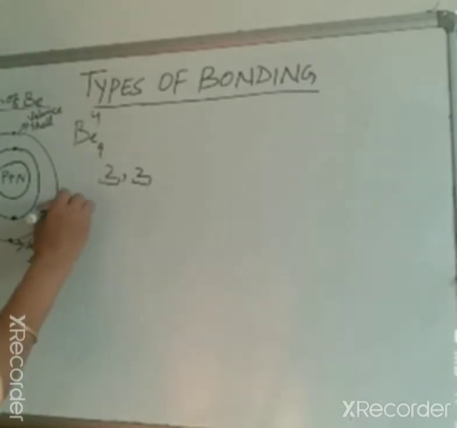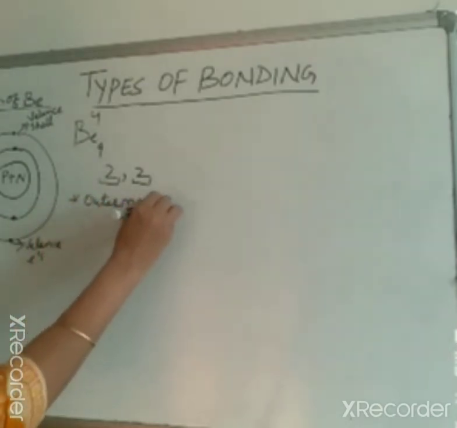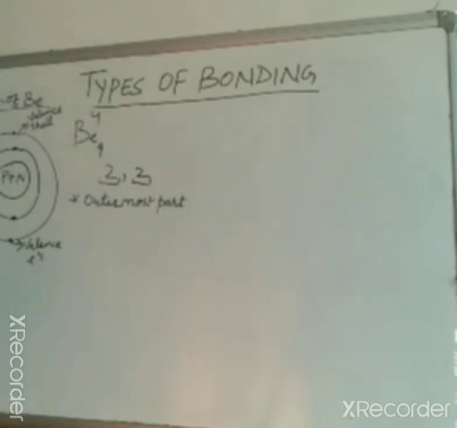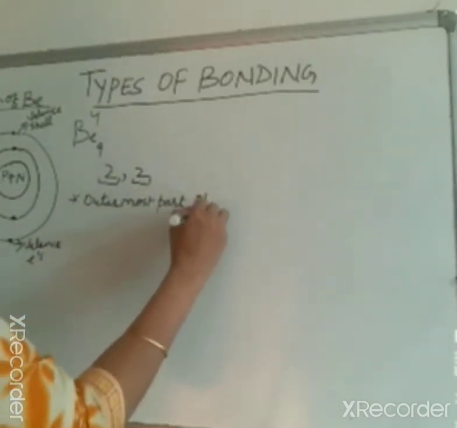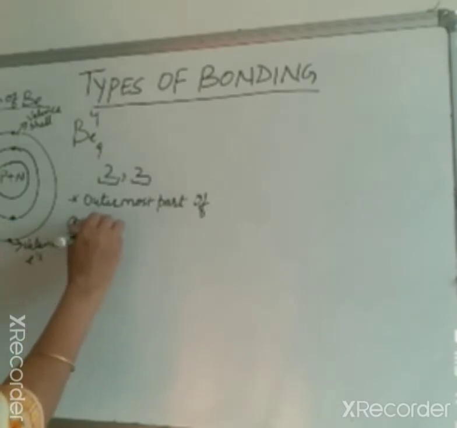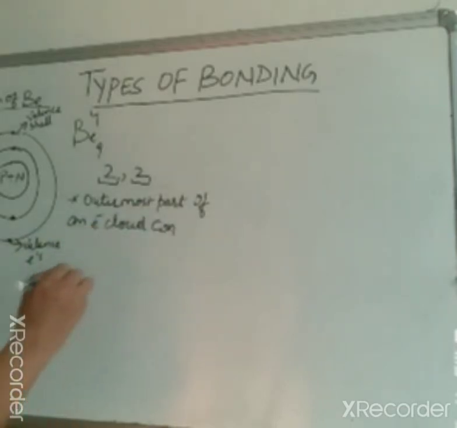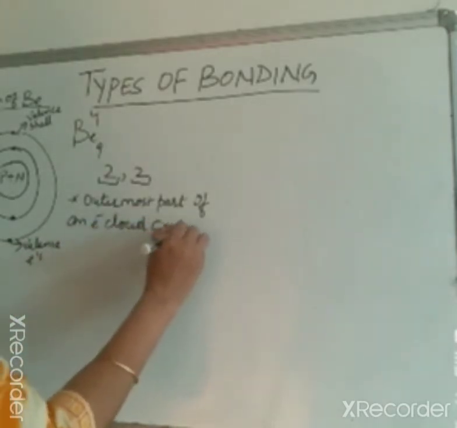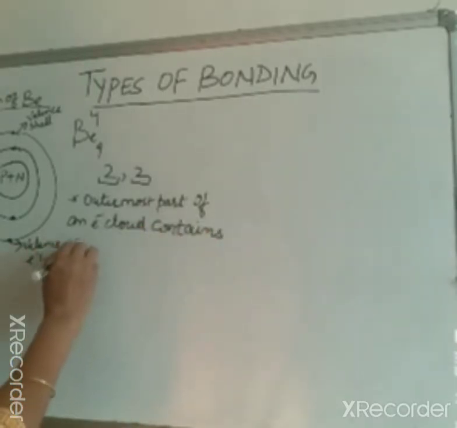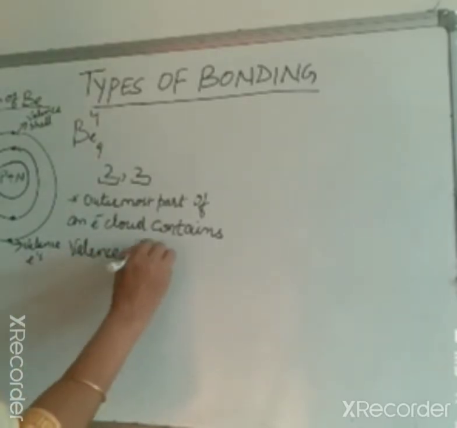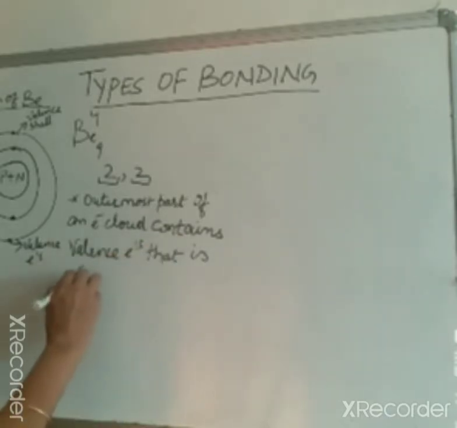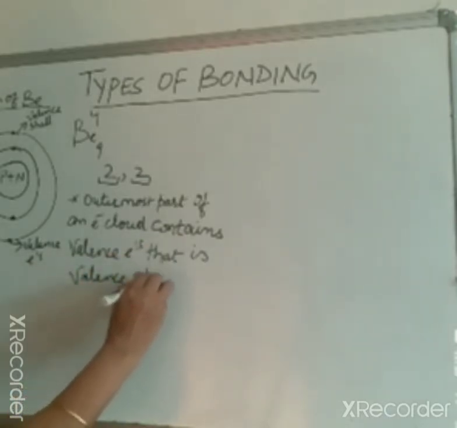So the outermost part of an electron cloud, which contains valence electrons, is called the valence shell.